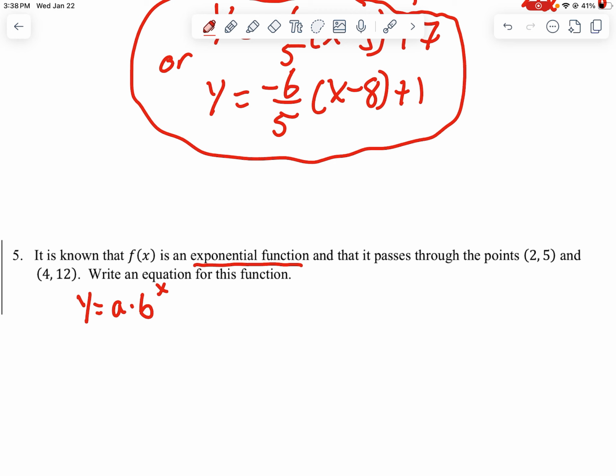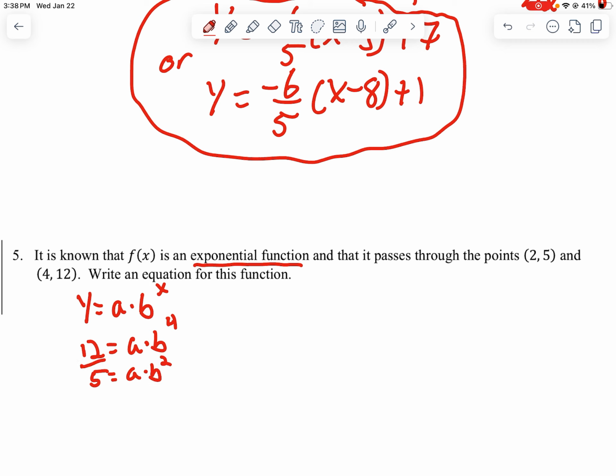We're given two points, so we actually have two unknowns. The easiest way to do this would be to put each point in. I'll put in the 4, 12 first, so that I get 12 equals a times b to the 4th. And then I'll put the other one in and write 5 equals a times b squared.